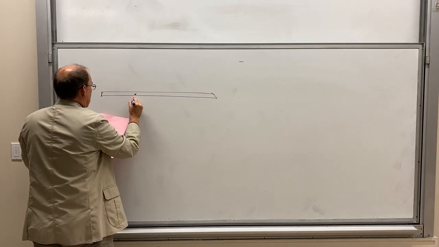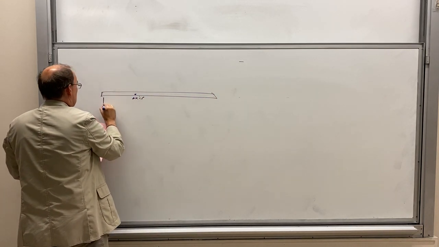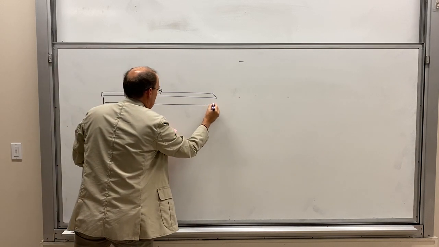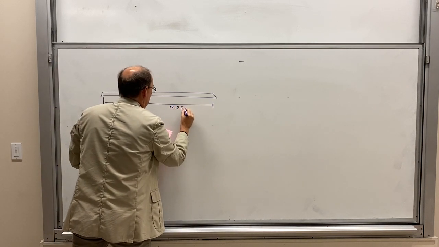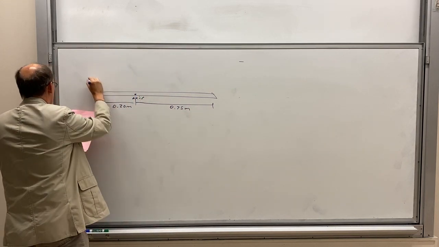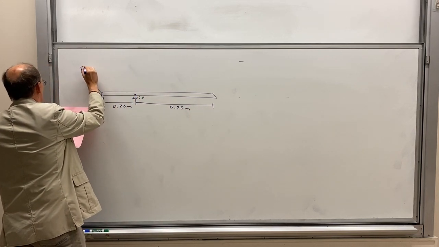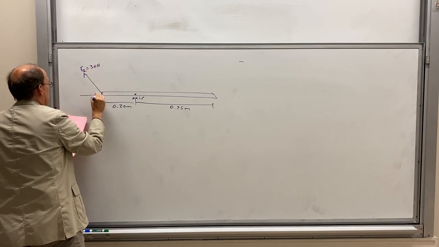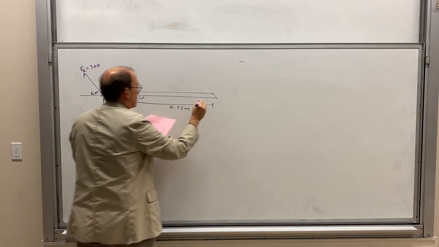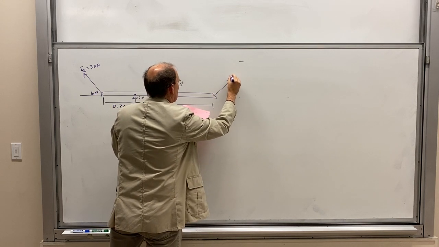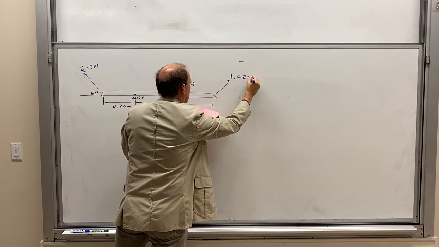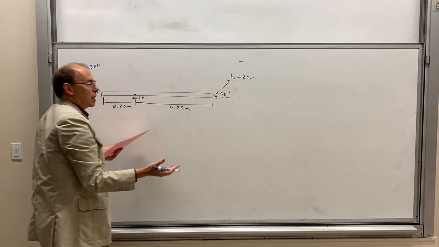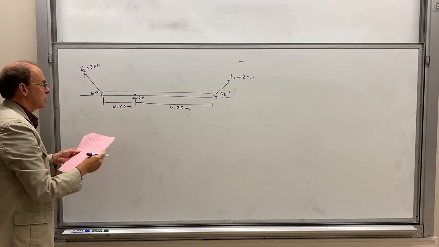Got a stick with an axis here. 0.20 meters here, 0.75 meters, F1, no, call that F2, is 30 newtons at 60 degrees. F1 is 20 newtons at 55 degrees. And I just want to find the net torque.